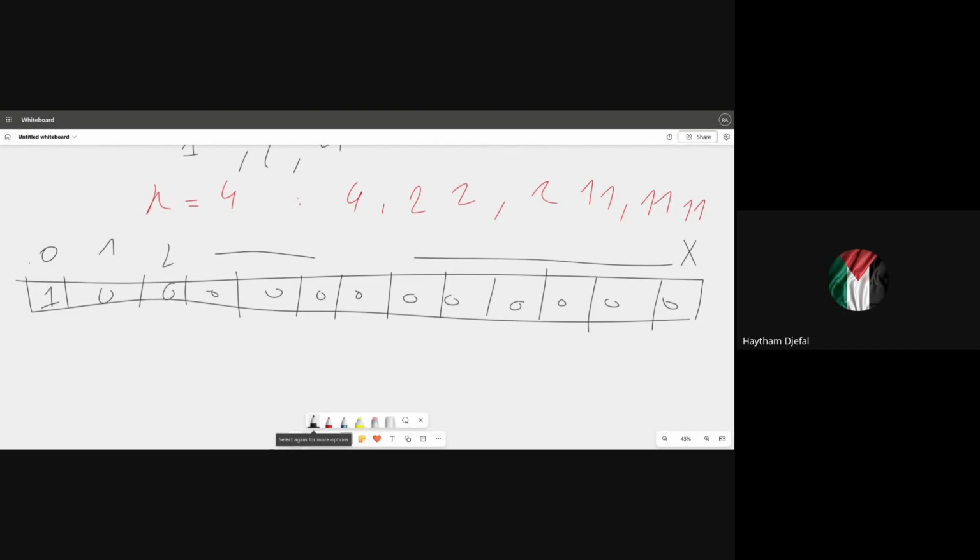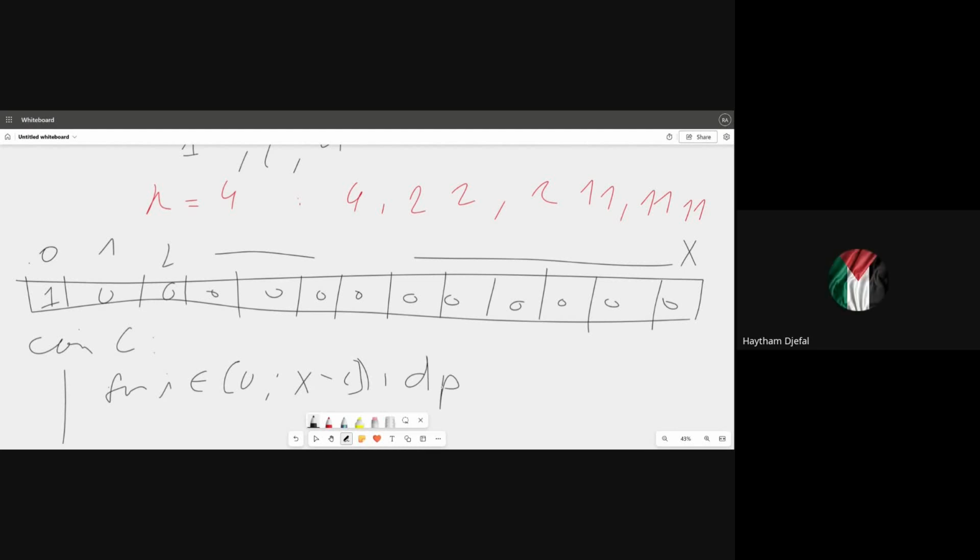Now we will loop over the coins, and for each coin c, what we will do is that for I going from 0 to x minus c, in the reverse order.